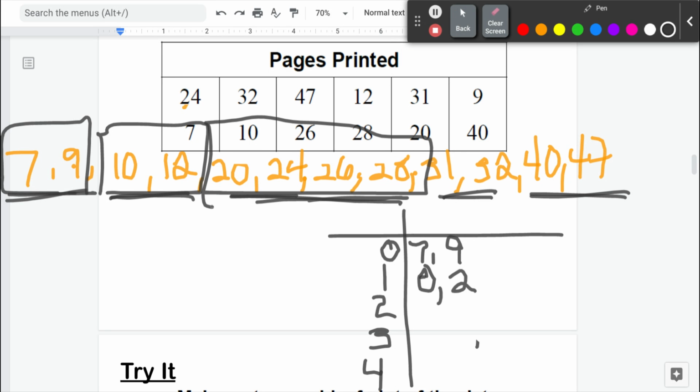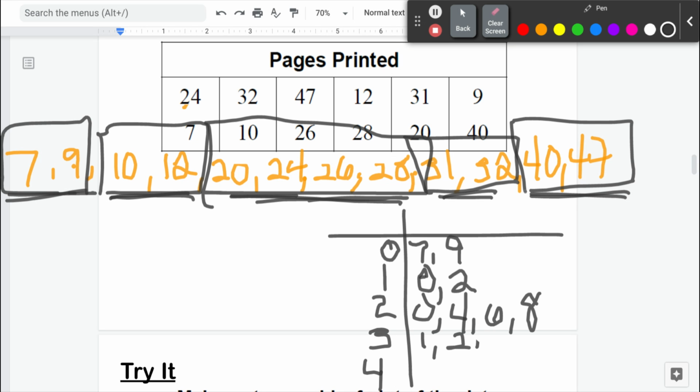Now I look at those 20s and I have 20, 24, 26, and 28. And I'm writing all of them, but again, without the 2's because I already wrote the 2's. Same thing with my 30s. I have a 31 and a 32. And my 40s, I have a 40 and a 47.